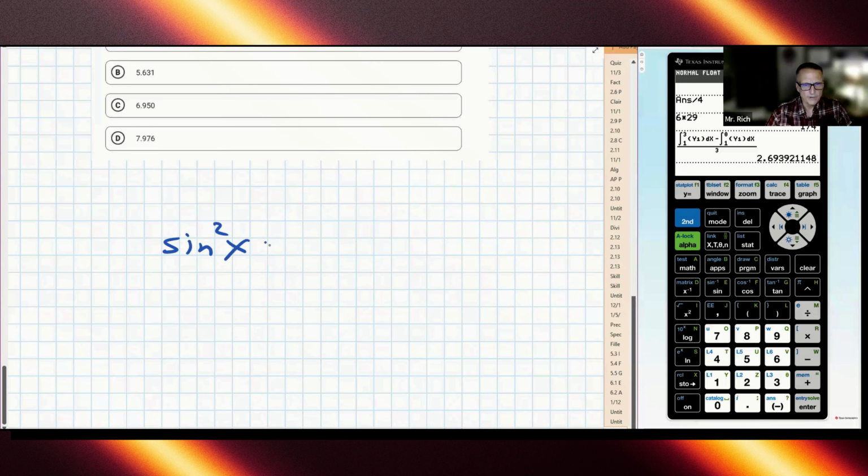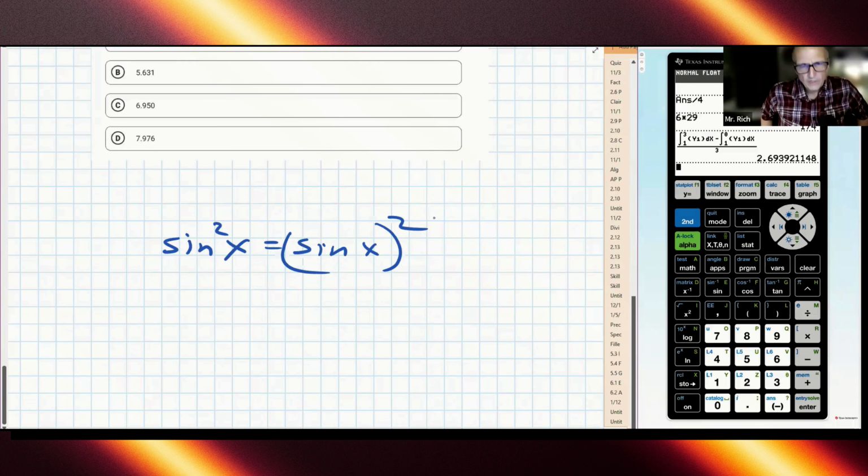You have to put it in by what it really means: sine x to the second power. Now, if you had a TI Inspire, the big blue brick thing right here, I have no doubt it'll take that notation, but not the TI-84. So you've got to enter it in like this.